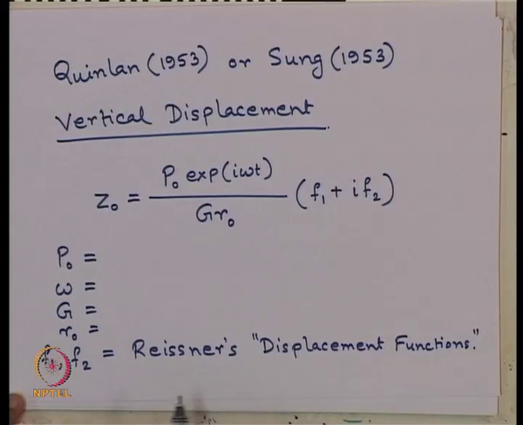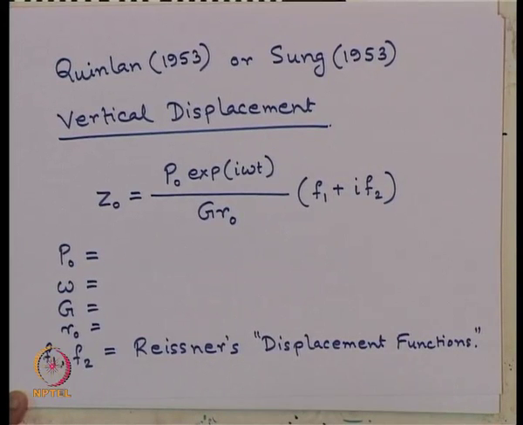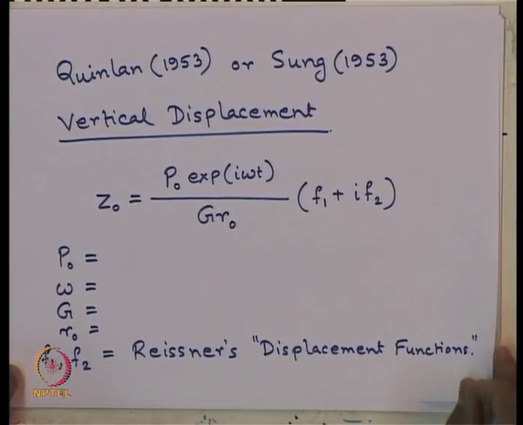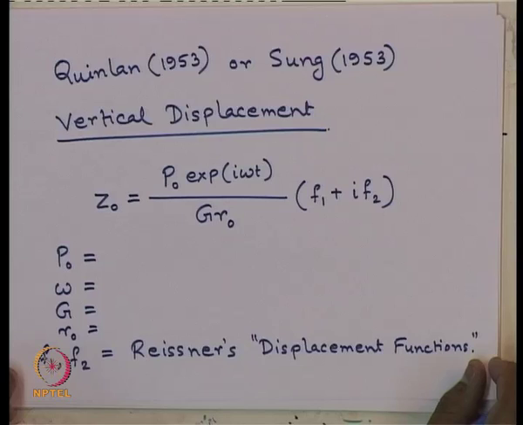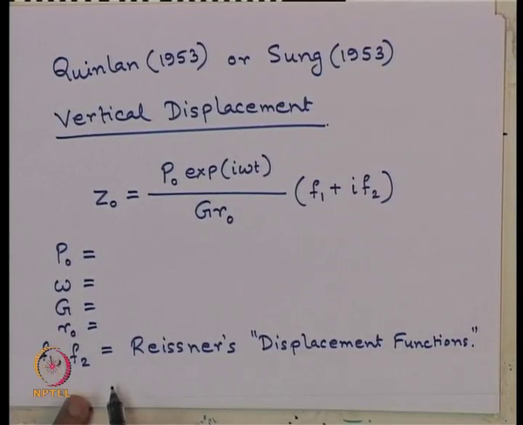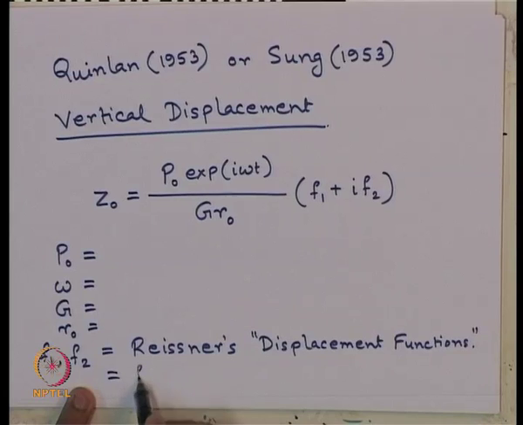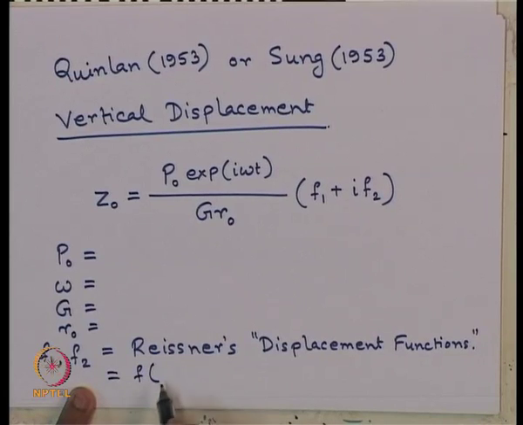Now, how to get this Lysmer displacement function? Lysmer has already given this displacement function in the form of a design chart. So, these are available with us. We will discuss this shortly, and it is found that f1 and f2, these displacement functions, are nothing but some function of two parameters.